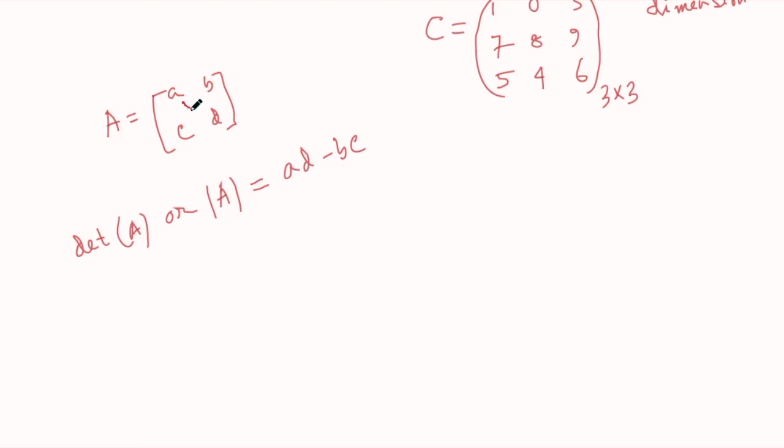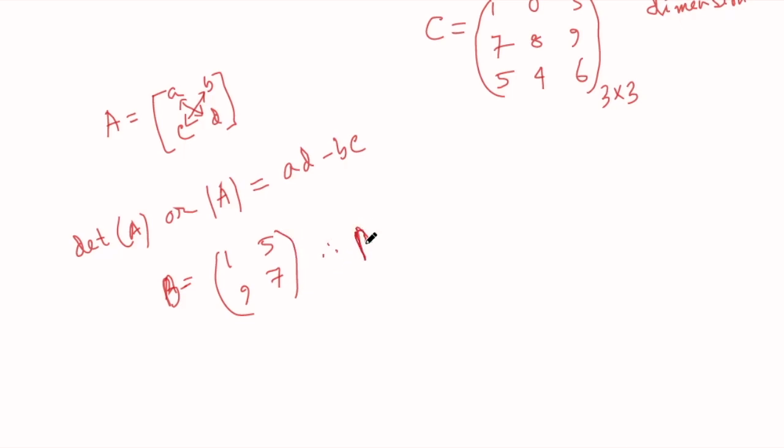You need to multiply a and d, then subtract b times c. For example, if B is a matrix, then what will be the determinant of B?